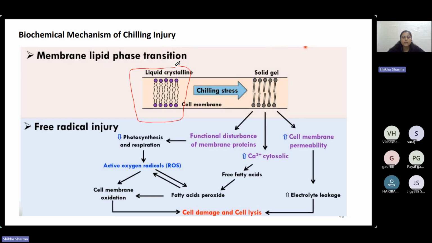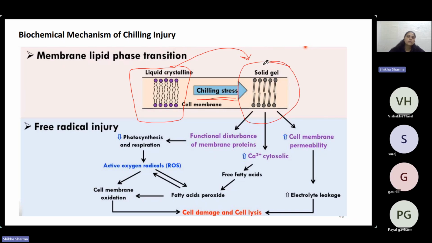The lipids are in the liquid crystalline state. When there is chilling stress, the lipids in the cell membrane will convert from liquid crystalline to a solid gel-like structure, and because of that, there is loss of the integrity of the membrane. Because the solid gel-like structure forms, there will be high permeability of the cell membrane, and more electrolyte leakage, and because of that, cell damage or cell lysis will happen.